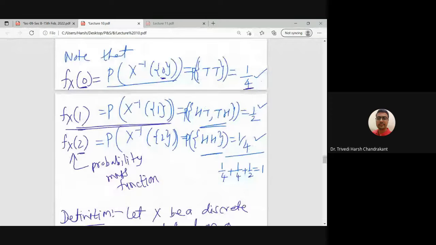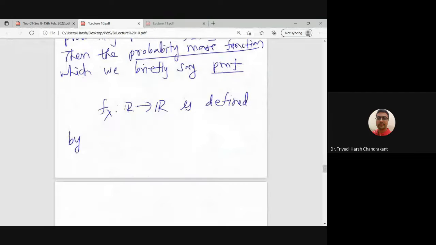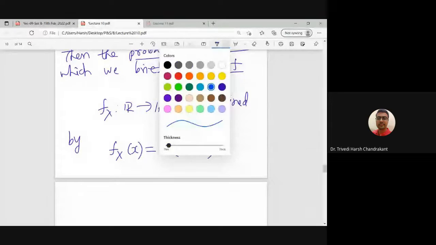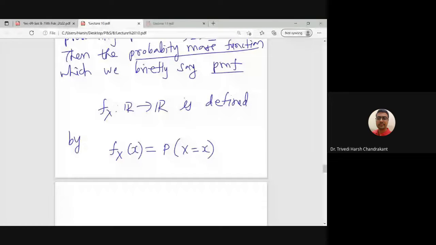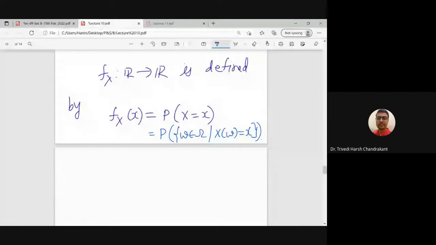This says that f_X evaluated at x is the probability of X equals x. What does this mean? This symbol P(X = x) means the probability of all those sample points omega such that X(omega) is x. So what is the remark?